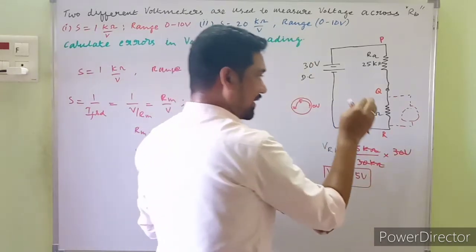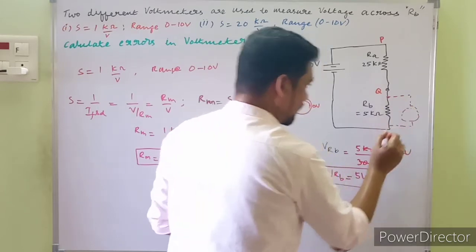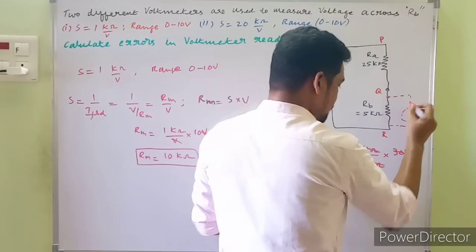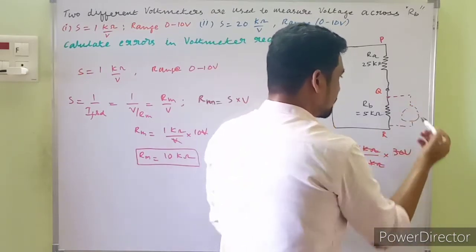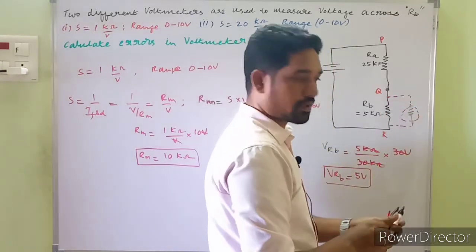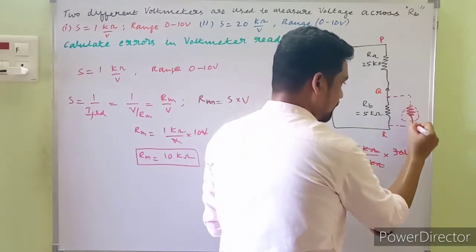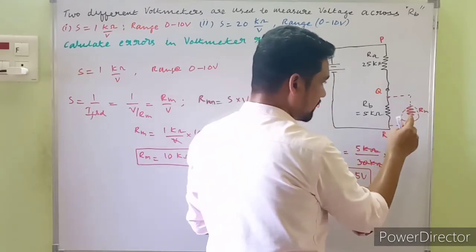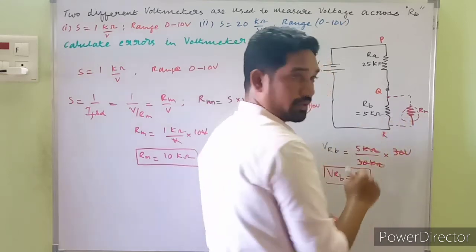By connecting the voltmeter like this, we are introducing the internal resistance of the basic meter in parallel with RB.